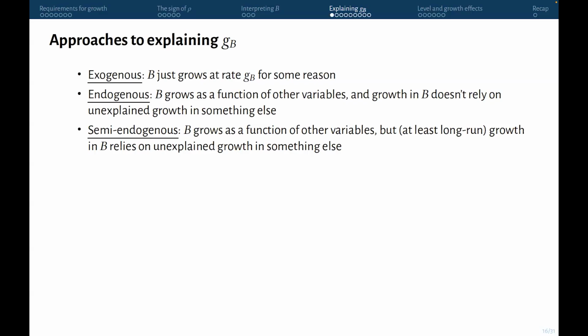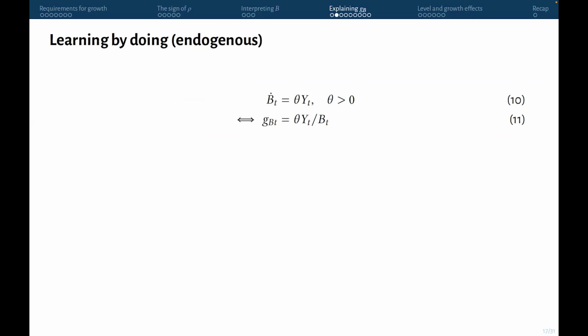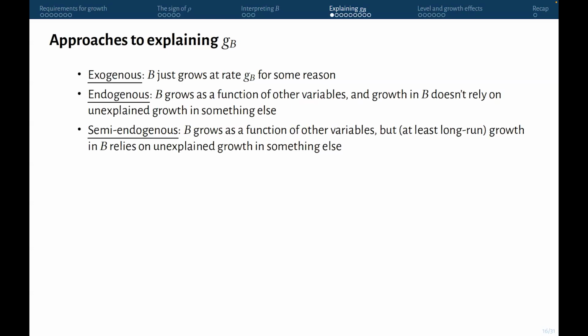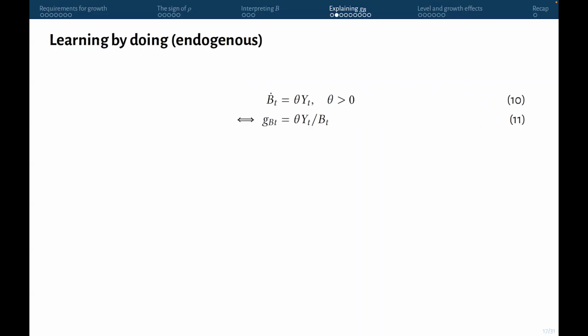You're just going to say people just feel like having children, and that's not an economic decision within the model, and that leads to population growth. So very broadly, these are modeling choices you can make. An example of an endogenous model would be a learning by doing model.